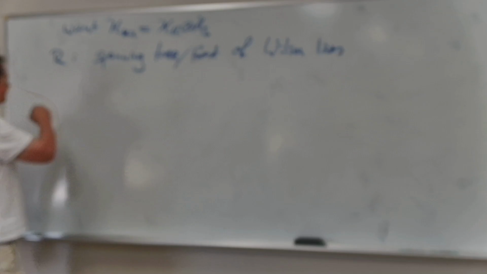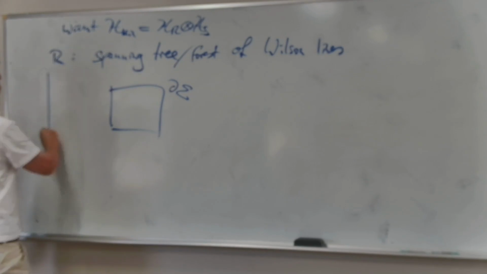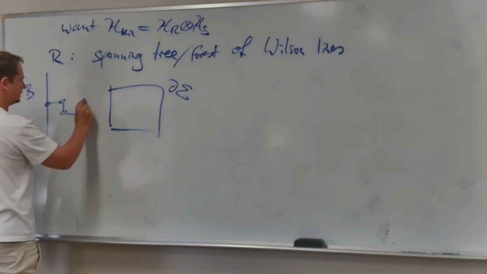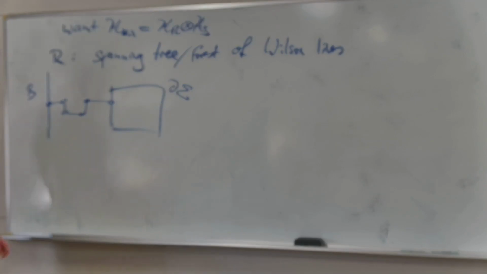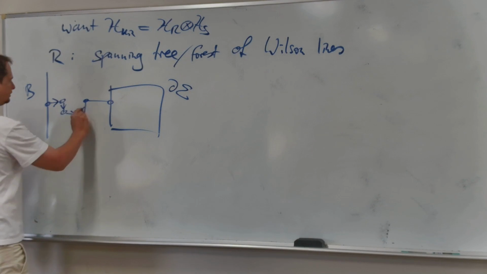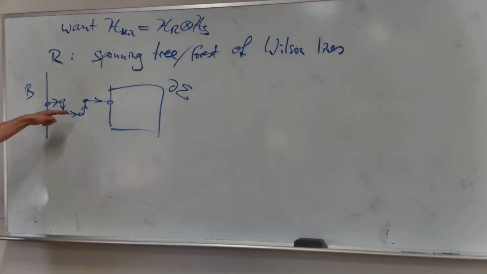Now, suppose I have my coordinate here, and here's B, and I'm thinking of something like this here as a Wilson line. One has to be careful with orientation here.